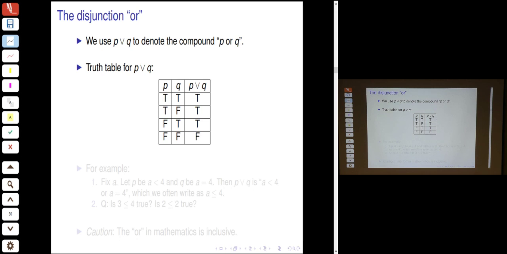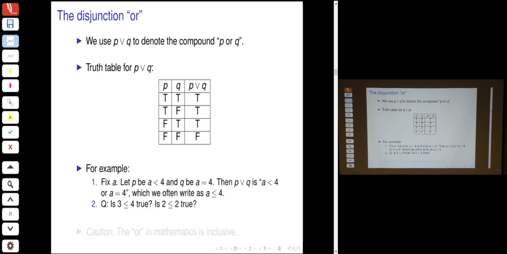Right? So let's see an example. Suppose A is a fixed number. The statement P says A is less than 4. Statement Q says A is equal to 4. Now what is P or Q?